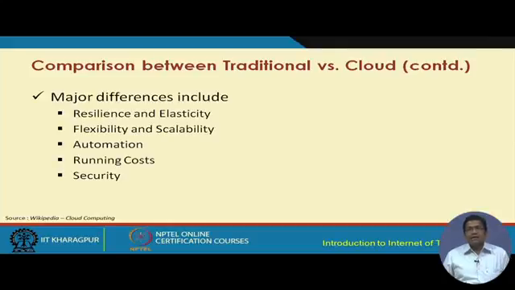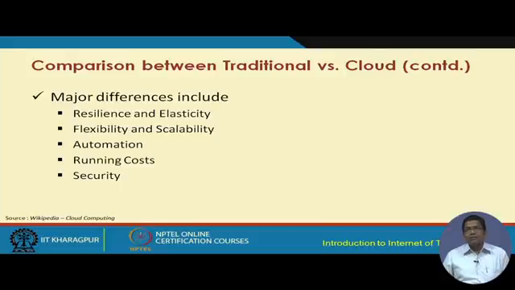Flexibility and scalability: you need more resources, you just pay for it, and you have the resources whenever you need them. Automation is understood; running costs and security are very important. In the cloud environment you have more security compared to the traditional data center or regular IT infrastructure based environment.